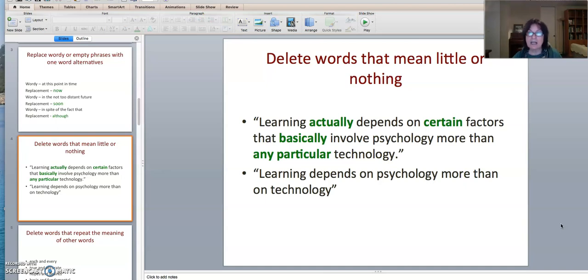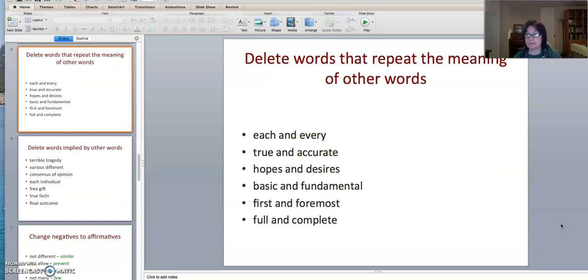Look at that. "Learning actually depends on certain factors that basically involve psychology more than any particular technology." So by now you notice that all these words in green here are unnecessary. Why not simply say, "Learning depends on psychology more than on technology"?